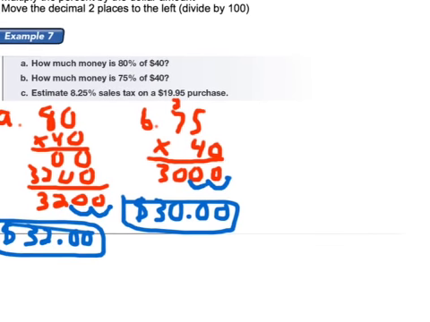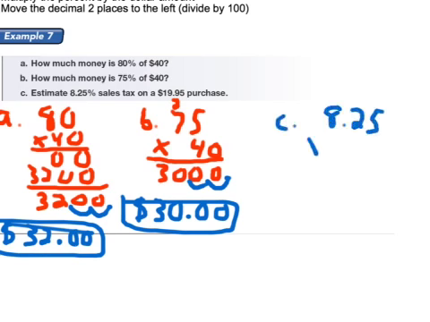Okay, and the last example says to estimate 8.25% sales tax on a $19.95 purchase. Okay, I want to estimate, so I'm going to pretend that $19.95 is $20. So I'm going to take my percent, 8.25. I'm going to multiply it by an estimation for that dollar amount.